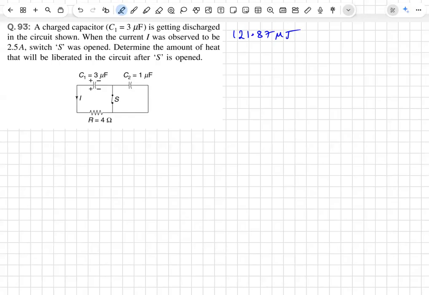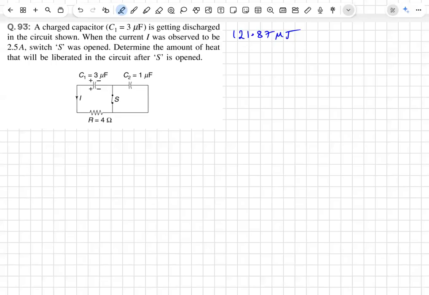So what is happening over here? A charged capacitor C1 equal to 3 microfarad is getting discharged in the circuit shown. When the current I was observed to be 2.5 amps, S was opened. Determine the amount of heat that will be liberated in the circuit after S is opened.